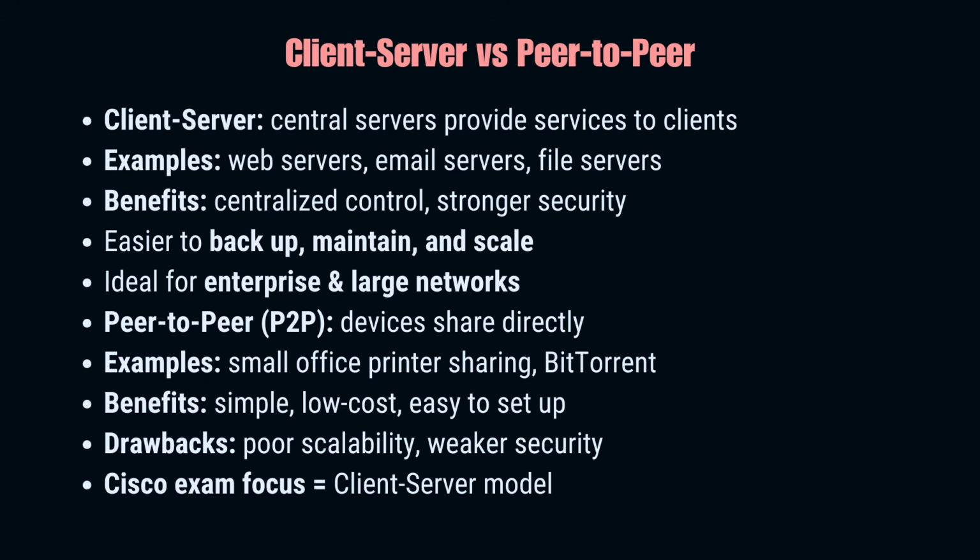Peer-to-peer (P2P) architecture allows every device to act as both client and server, sharing resources directly. This is common in small office networks for printer sharing or in applications like BitTorrent file sharing. For your CCNA exam, remember that enterprise networks heavily favor client-server architecture due to centralized control and security benefits, making it the focus of most Cisco scenarios and configurations.